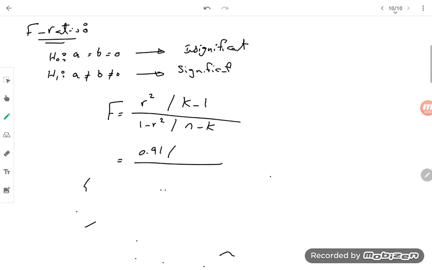Number of parameters are 2. So k minus 1 is 2 minus 1, which is 1. Divided by 1 minus 0.91 divided by n minus k, which is 7 minus 2, which is 5. So F statistic will be 49.2. So this means that the model is significant.